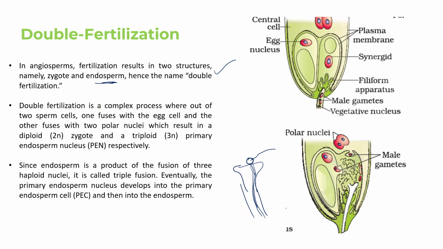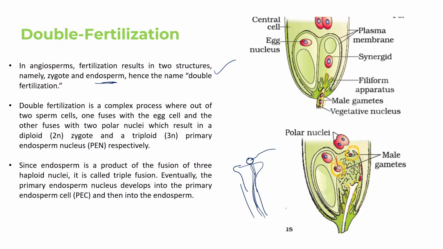This double fertilization is a complex process where, out of two sperm cells, these are my two male gametes released out of the filiform apparatus. This is my tube. It releases the two male gametes.